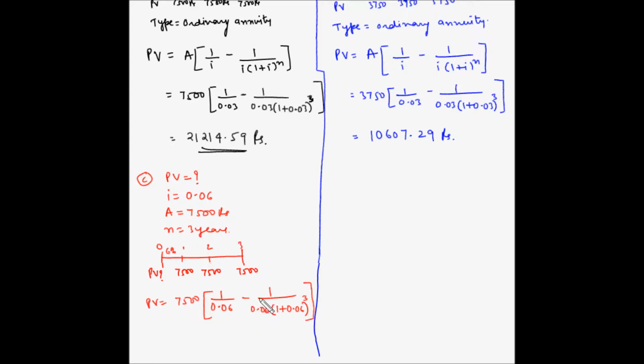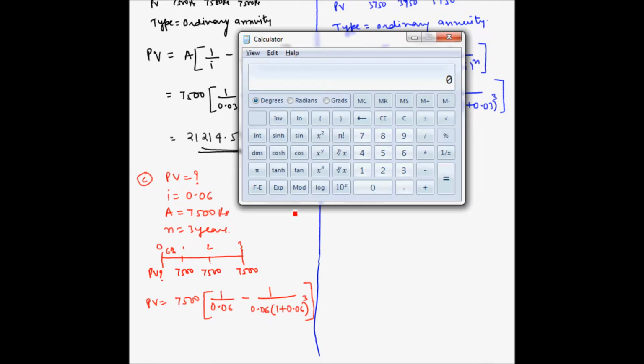Let me pull my calculator to calculate this. So let's first calculate this portion here. So 1 plus 0.06 is 1.06 to the power 3.